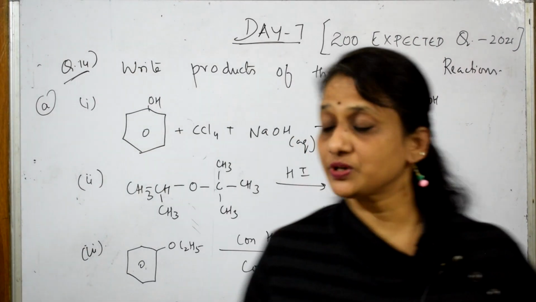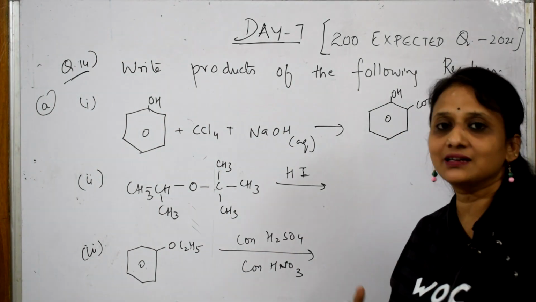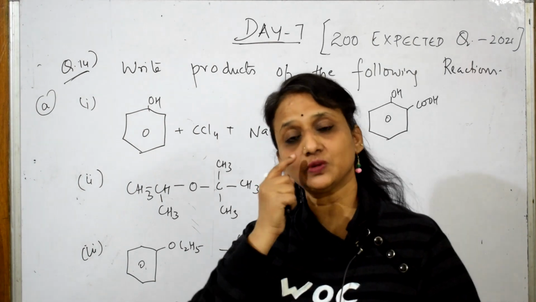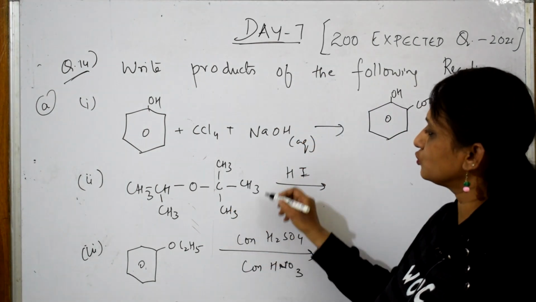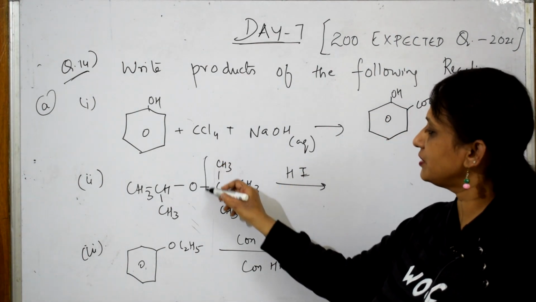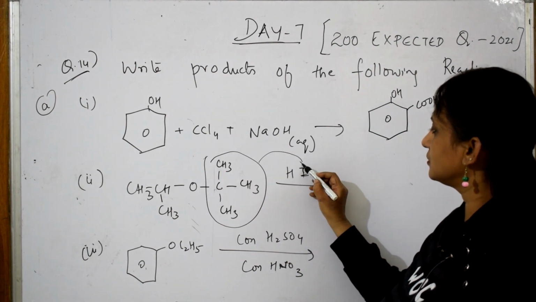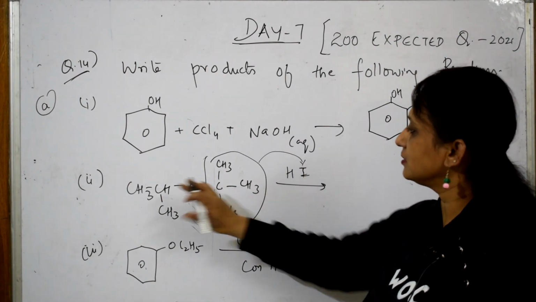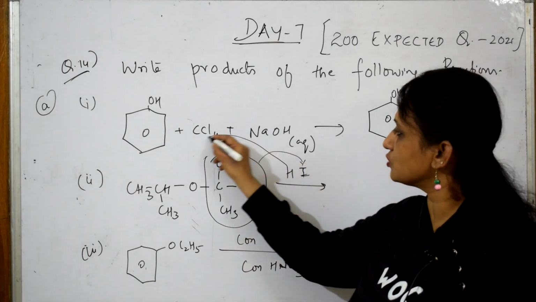Now the next question is from ethers. Whenever you are treating ethers with HI, there is one logic you should remember. Simple. Whenever you have bulkier groups, like a tertiary group, the tertiary group goes with the halogen, and the smaller group comes out with OH.